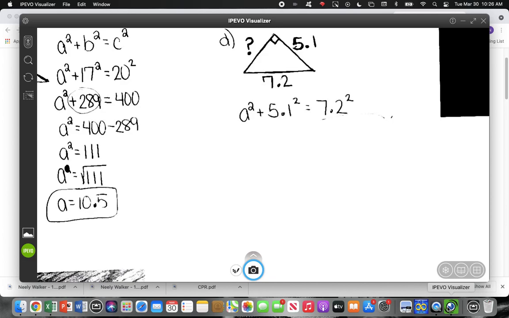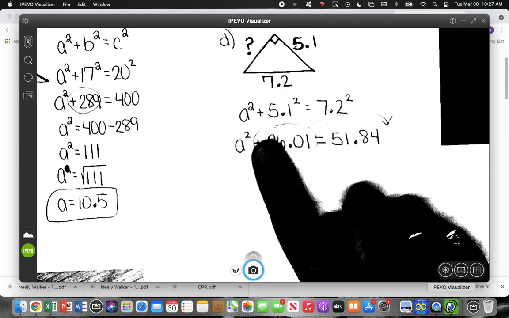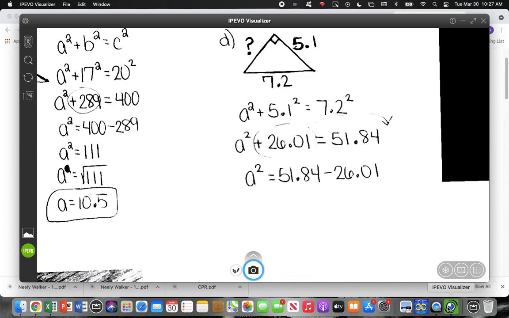Remember, we do not round until the very end, so we're working with that. 5.1 squared is 26.01. 7.2 squared is 51.84. How'd you do on those numbers? And then the 26.01 does need to move to the other side, so it becomes a negative.